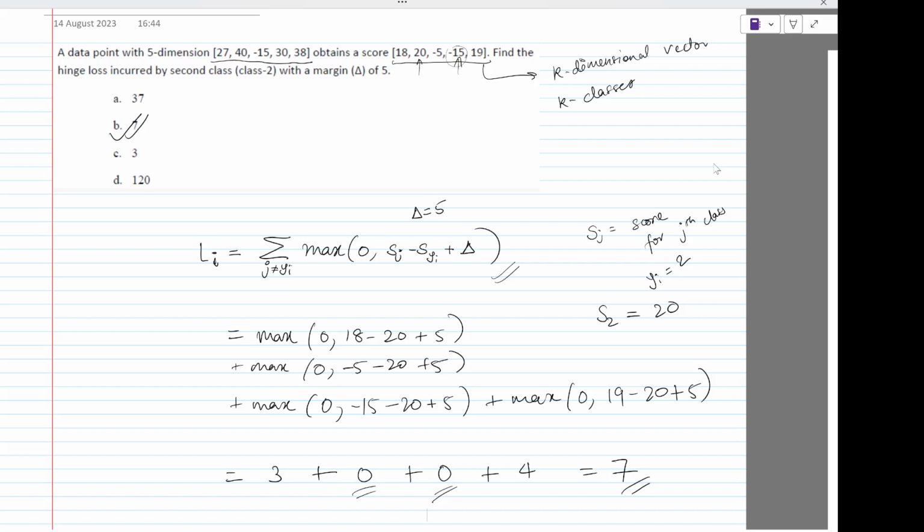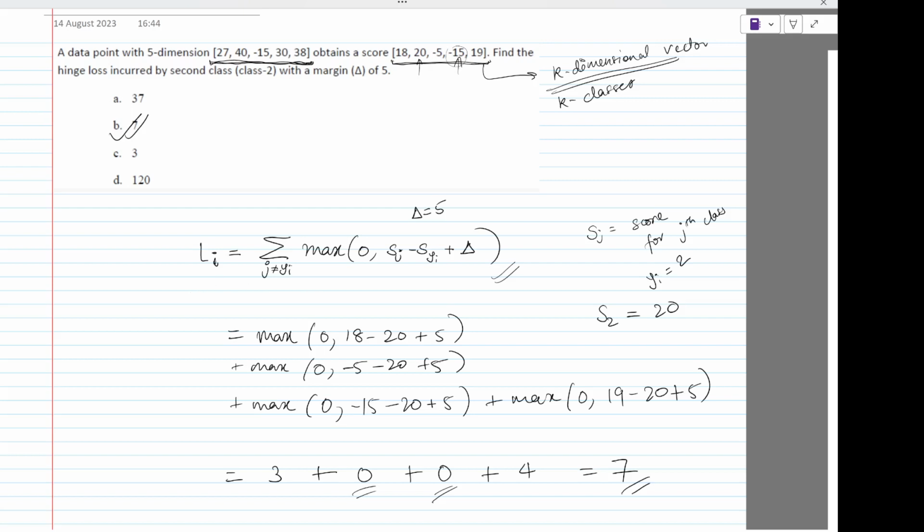So the question is asking: a five-dimensional data point is given, which has the five-dimensional input feature vector, and this obtains a score given by this vector. If you have a k-dimensional score vector, that means there are k classes, and each of the entries is the score for each of the classes. Now we have been asked to find the hinge loss incurred by the second class.